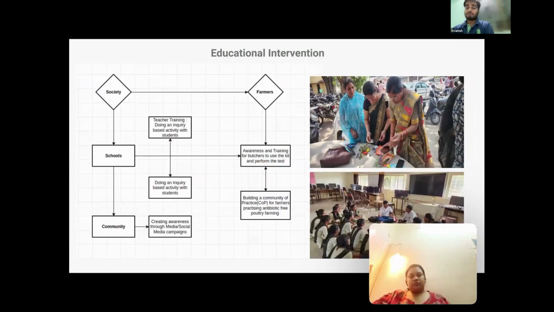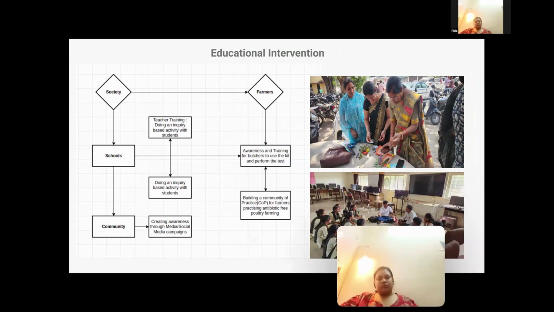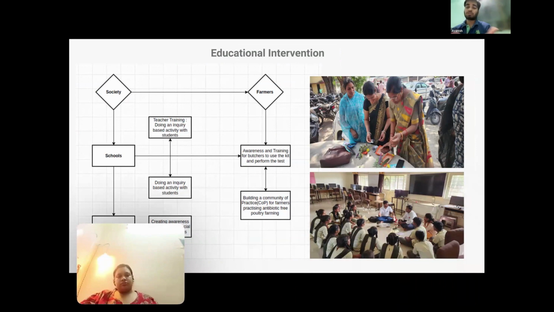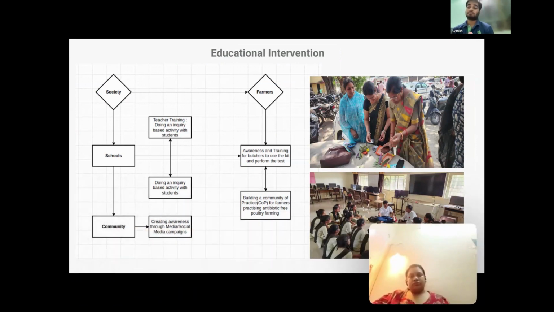If we do this, it will have an educational aspect to it, where we can work with society and with the farmer. These images are representative images. In society, we think of working with schools, where schools can amplify the awareness around antibiotics.